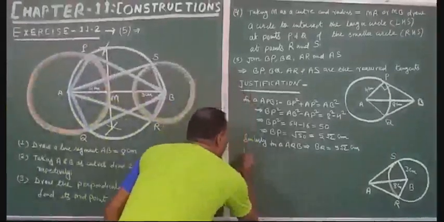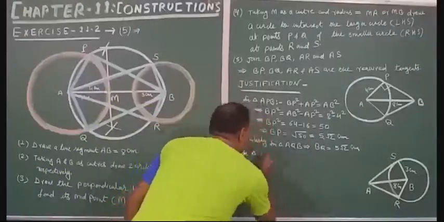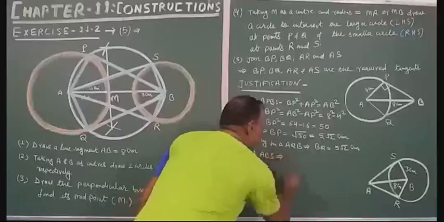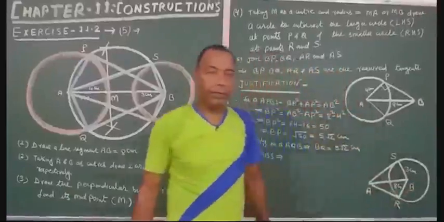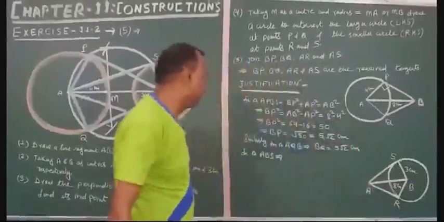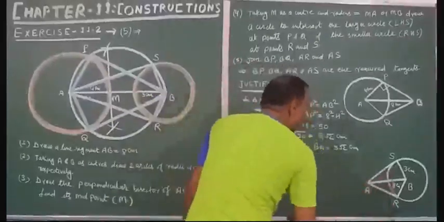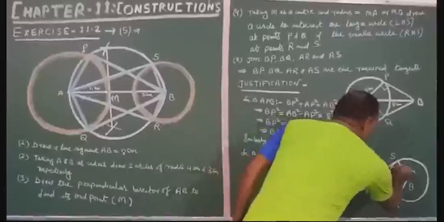Now in triangle ABS, what is the length of BS? This is the radius of the smaller circle, and AB is again 8 centimeter. So we will use the Pythagoras theorem.